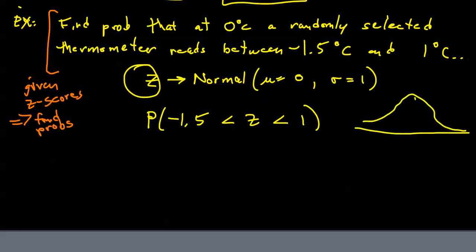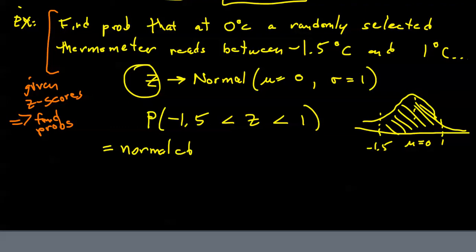If I was to draw a picture here of the standard normal, the distribution of my thermometer readings, well, really I want the area under that standard normal curve between minus 1.5 and 1. Right. And again, the calculator will give us this with our normal CDF commands. So I'll hit second and vars to get to the distribution menu. Call up normal CDF command.